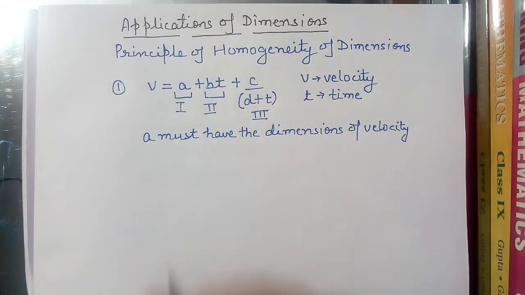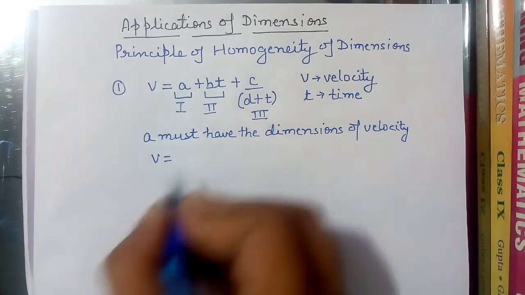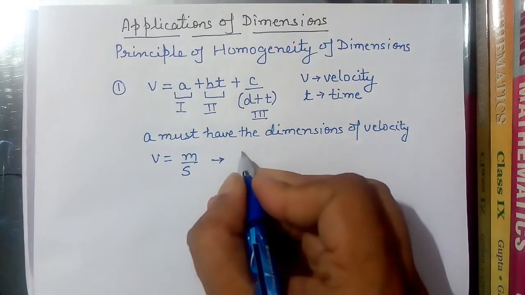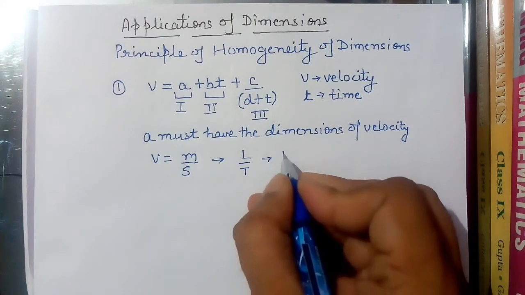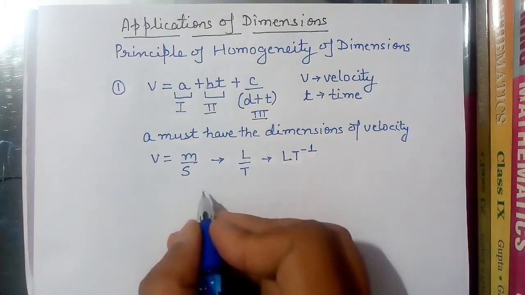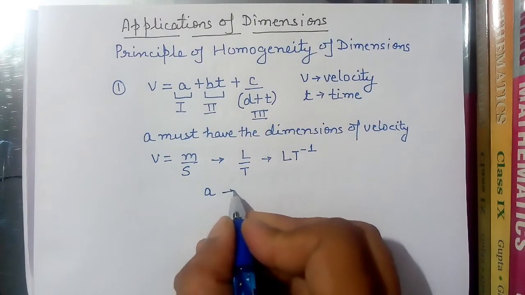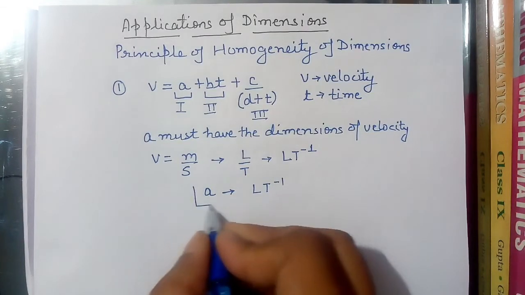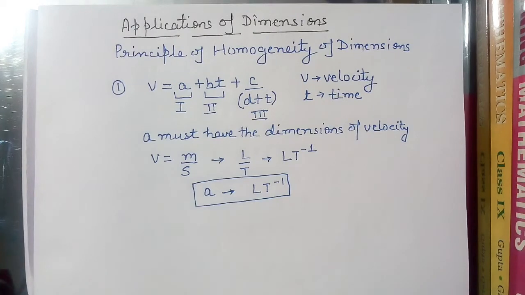We have calculated that the unit of velocity is meter per second, so its dimension is L upon T, that is LT minus 1. So the dimension of A is same as that of velocity. So the dimension of A is also LT minus 1.